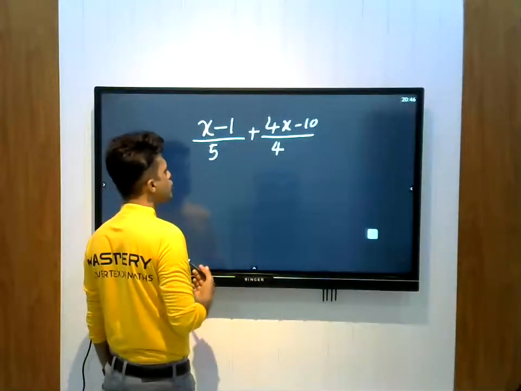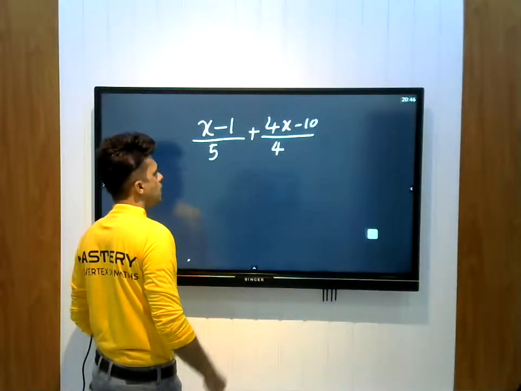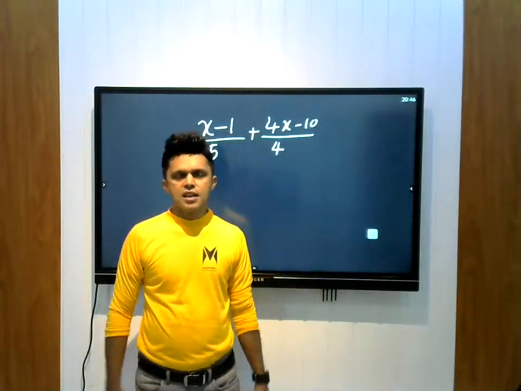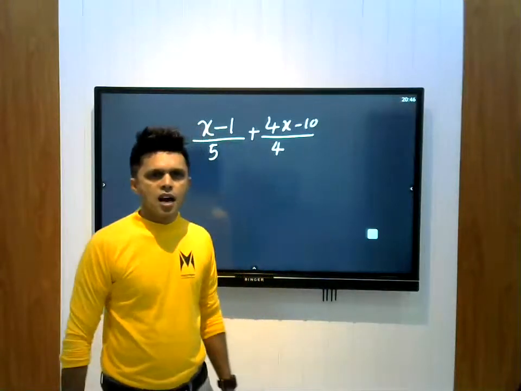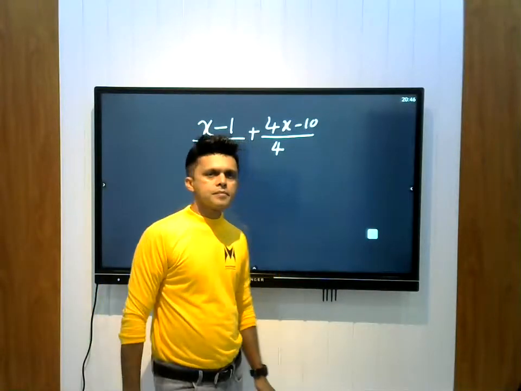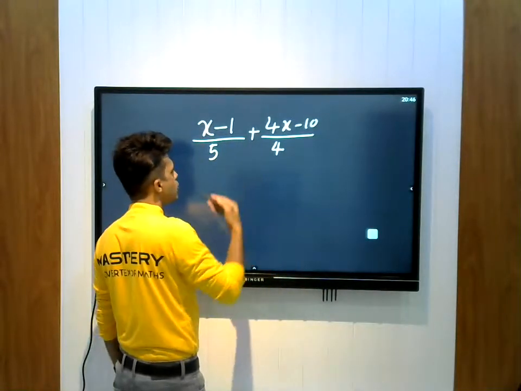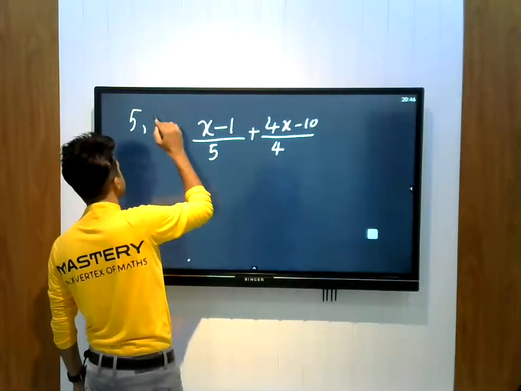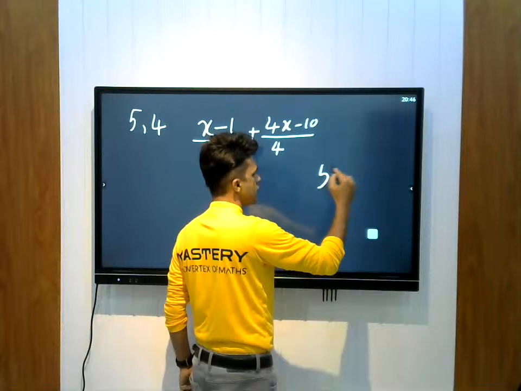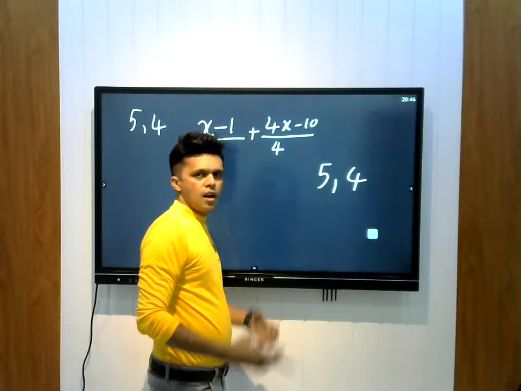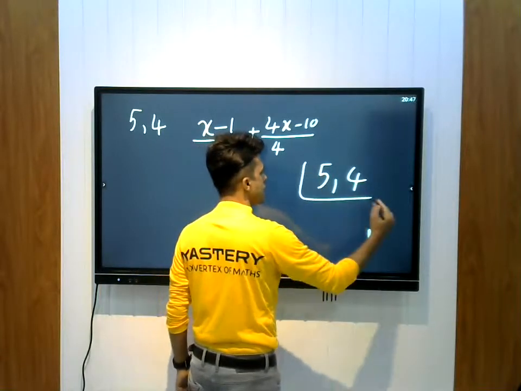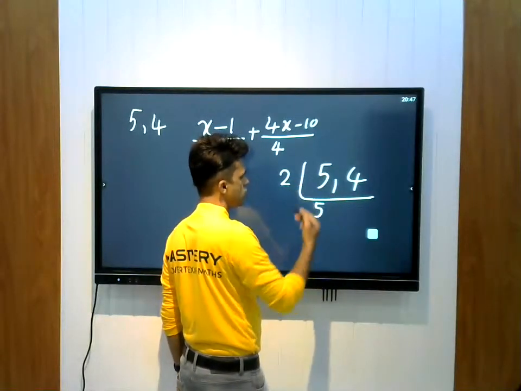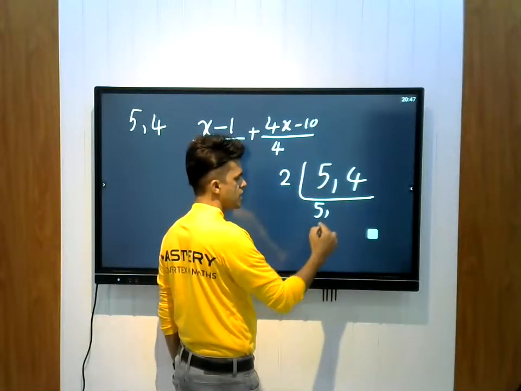Here you need to get the LCM of these fractions. These are algebraic fractions. How can you get the LCM? Here you are able to get the LCM in this way. 5 and 4 can be divided by 2. 5 over 2, you can't divide it.